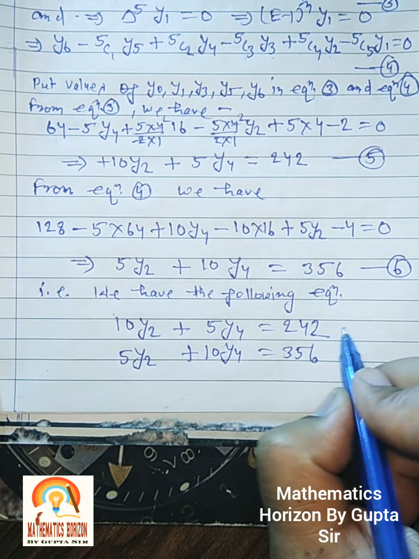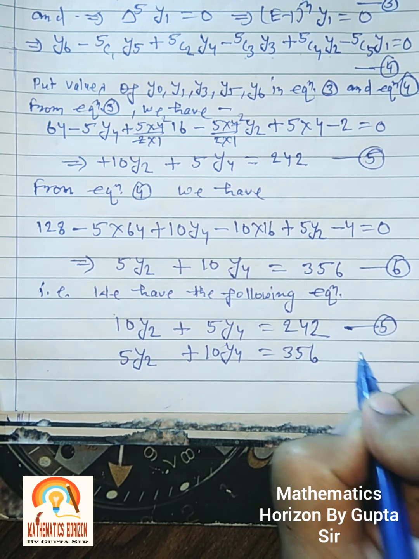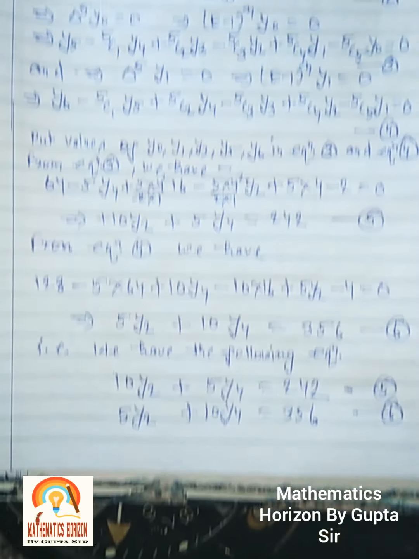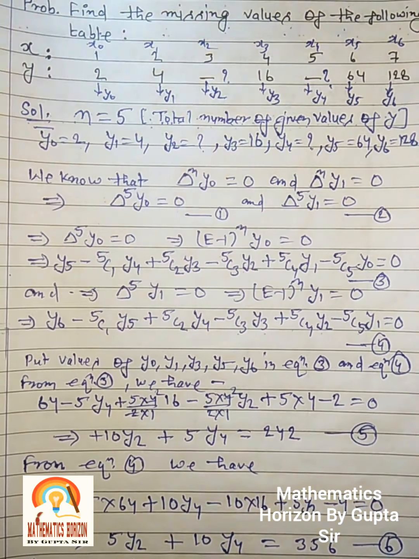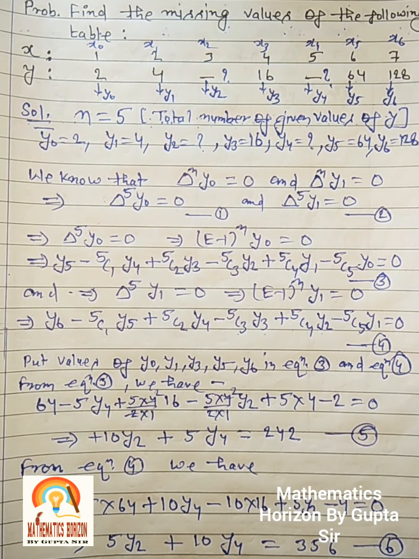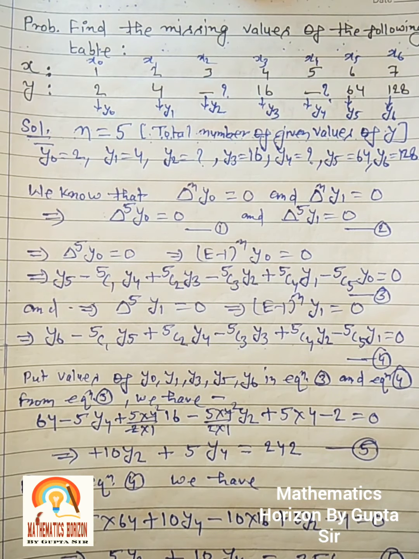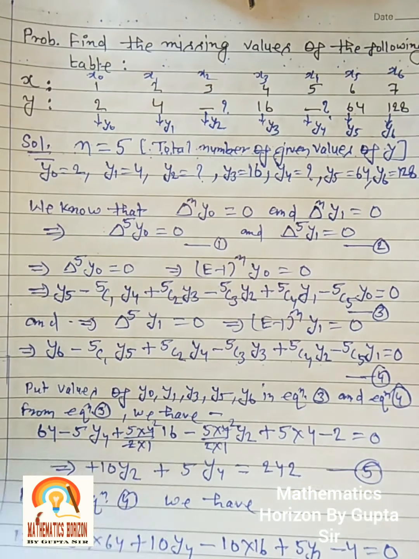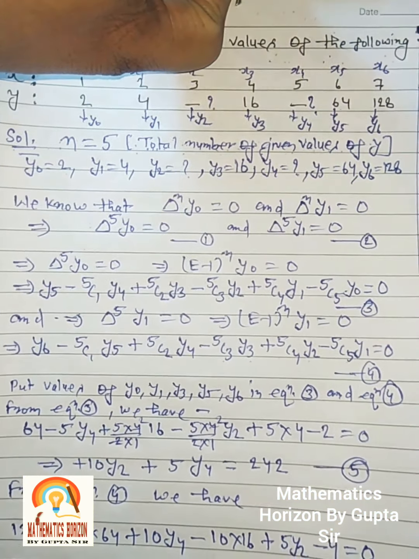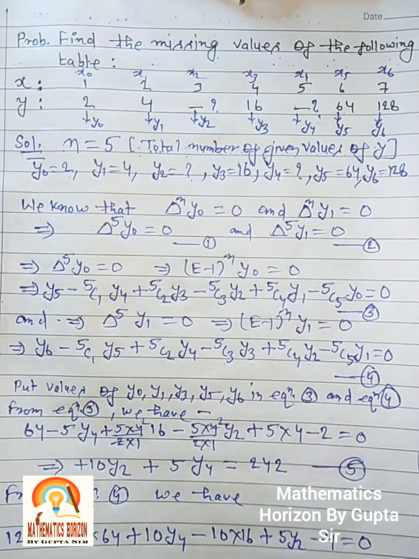Okay, we have these two equations. This is equation number 5 and this is equation number 6. Now we have to find the solution of this system of equations.